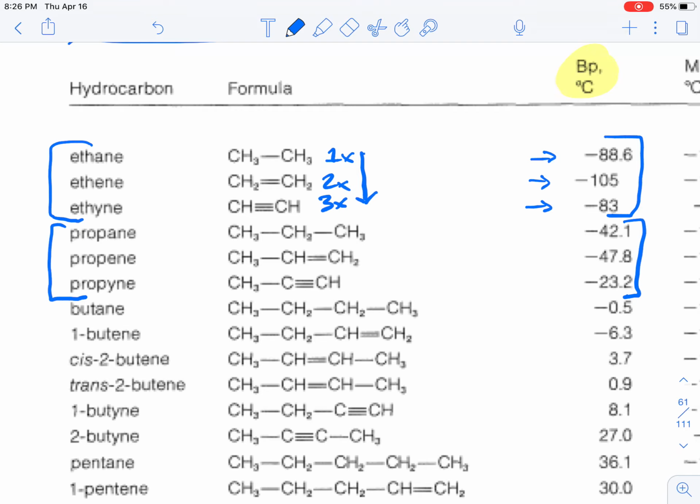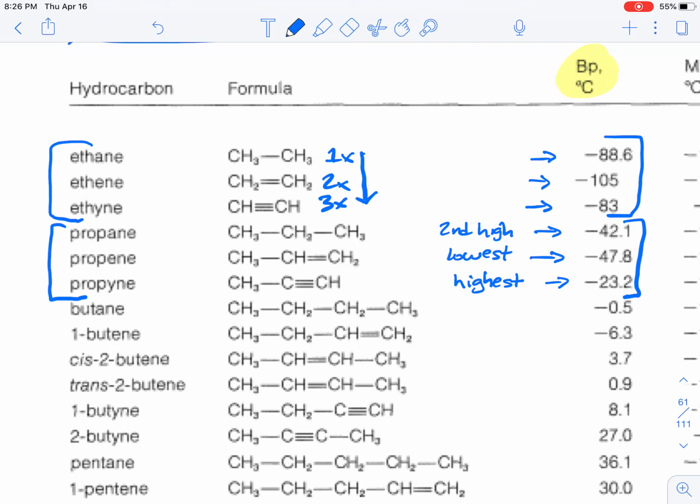Notice how your triple bond is always the highest amongst the set, and then the alkane is going to be the second highest, and then your alkene, your double bond, is going to be the lowest.